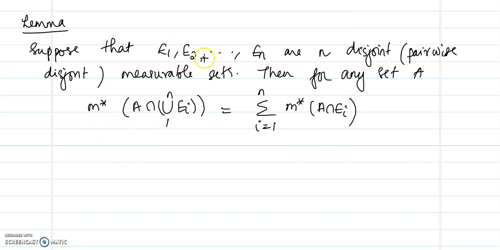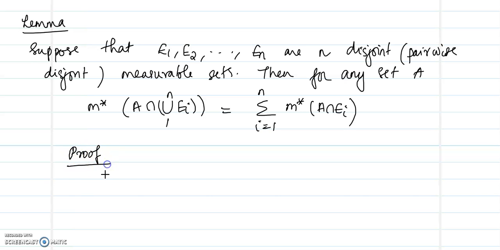So we need to show that if E1, E2, etc. En are n disjoint measurable sets, then m star of A intersection union Ei will be equal to summation i equal to 1 to n m star of A intersection Ei.